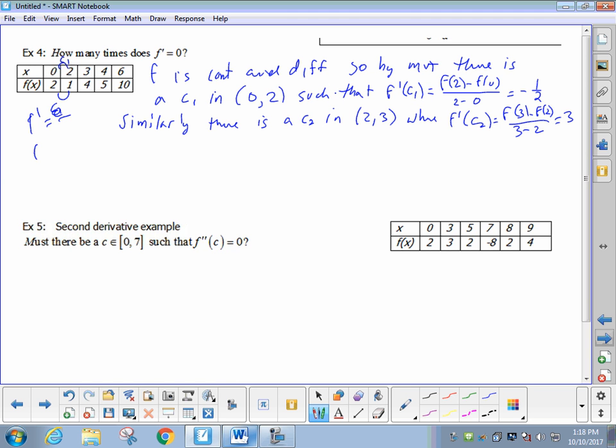F is twice differentiable, so f prime is continuous. You can't use IVT on f prime unless you say f prime is continuous, right? And it is. Because f is twice differentiable, f prime is continuous. So by IVT, what?